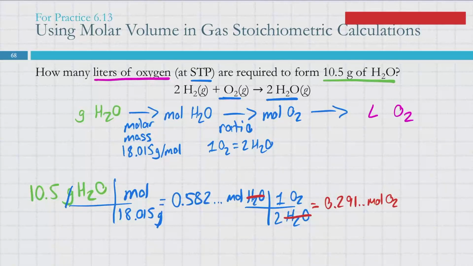To get from moles to liters, we've got some options. You might think PV equals nRT, and that can work. We're told that we're at STP. Who remembers what STP conditions are?